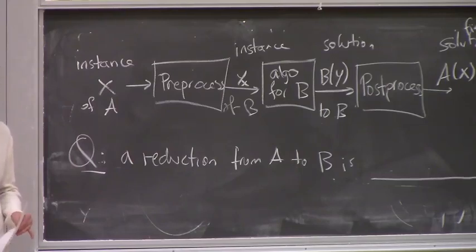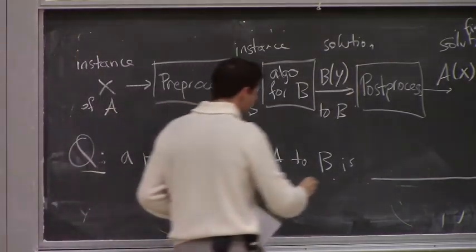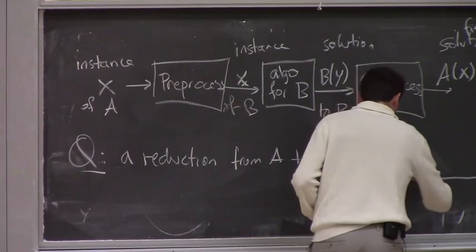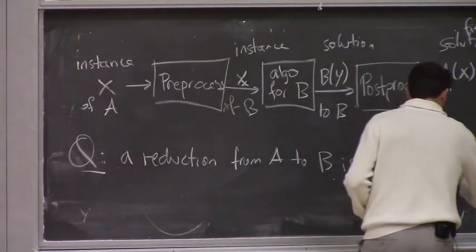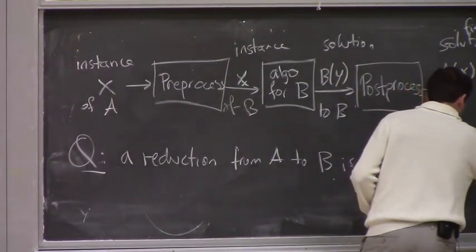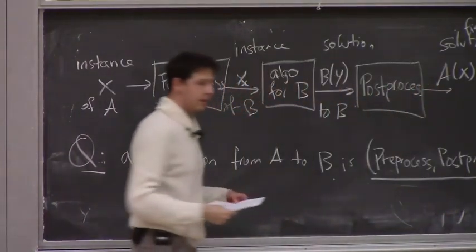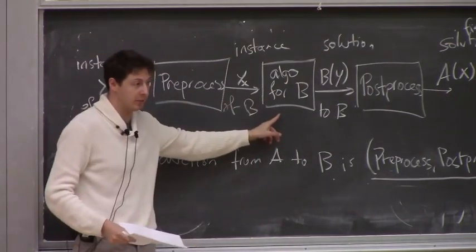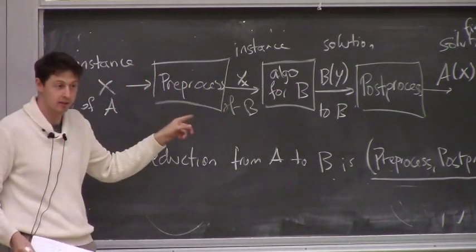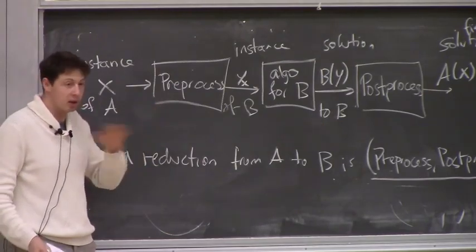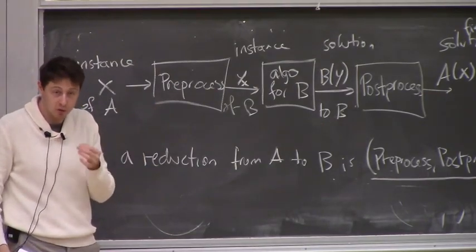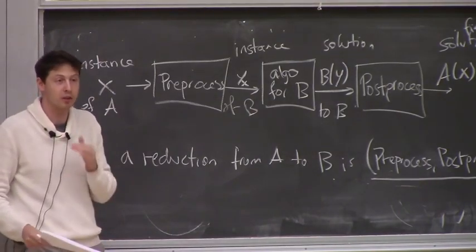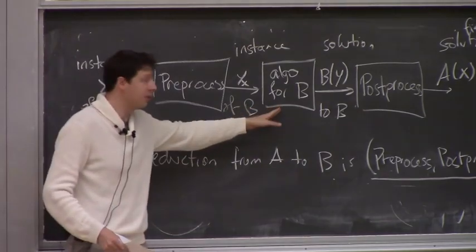The end. That's what a reduction is, okay? It is a tuple where you have a pre-process algorithm and a post-process algorithm, such that when you write them in this fashion with any algorithm for B in the middle, you get an algorithm for A. When you look for a reduction, you should not be at all interested, in fact you should be disinterested, in what is going on inside here.